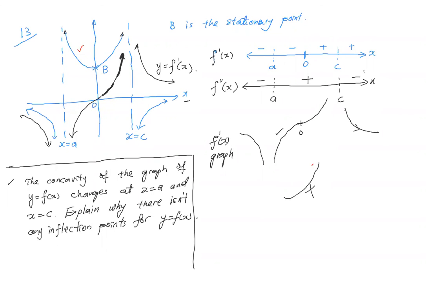Can anyone tell me why? For example, for f prime x, there is an inflection point because the concavity changes. We know inflection point from the very beginning, correct? It is the point whereby the concavity of the graph of the function changes. Like for example, from here. There is an inflection point here.